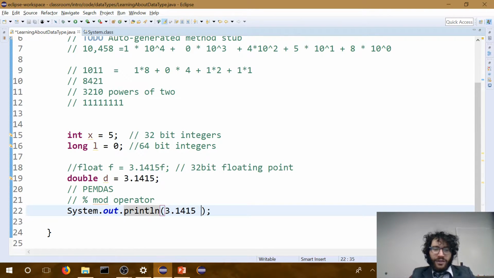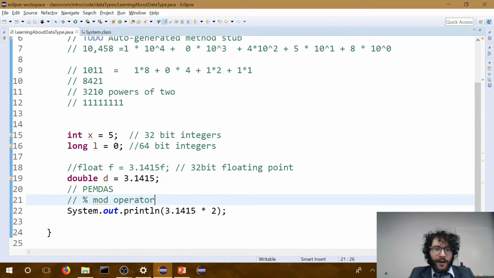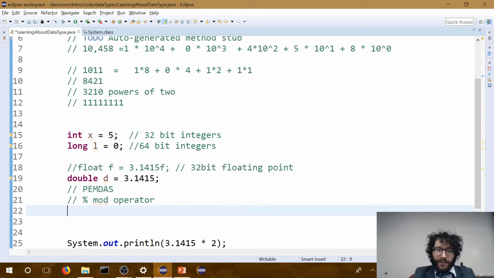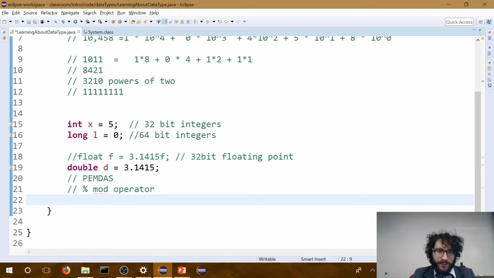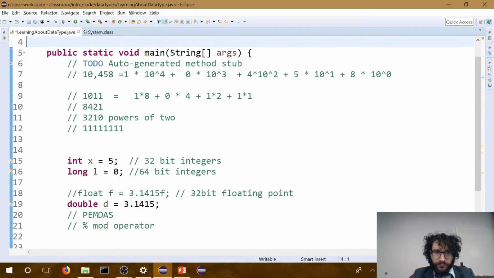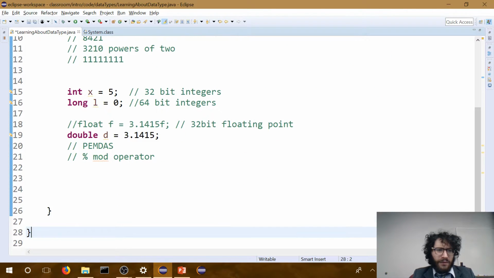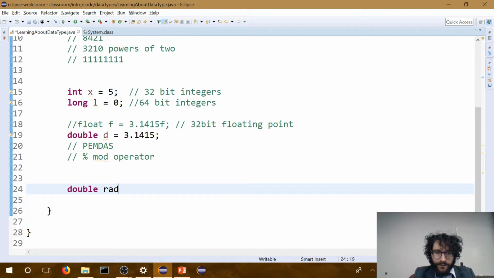Now these double numbers work exactly how you think they would. So let's write something super basic, like calculating the area of a circle. Double radius, let's say our radius is 145.5.